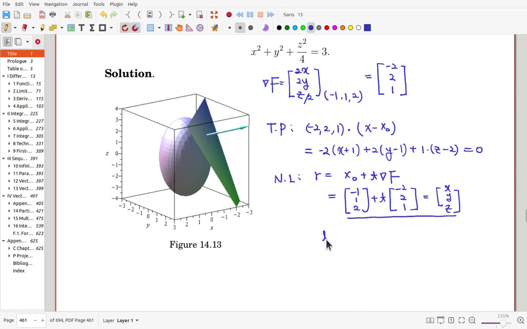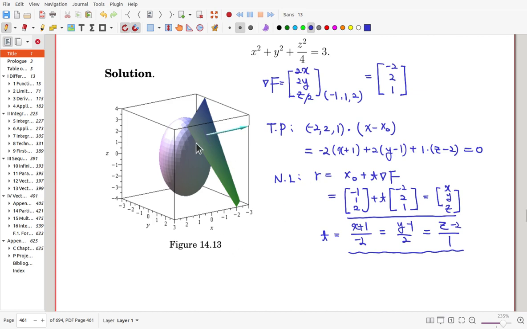From the first equation, t is (x plus 1) divided by -2. From the second, t is (y minus 1) divided by 2. From the last one, (z minus 2) divided by 1. So that is the symmetric equation for the normal line.